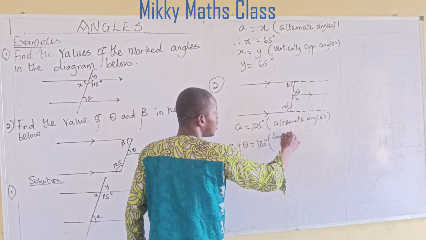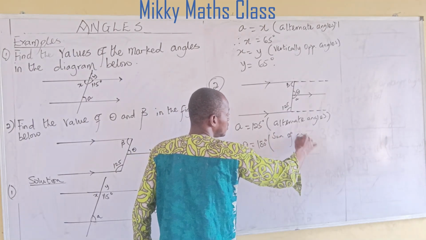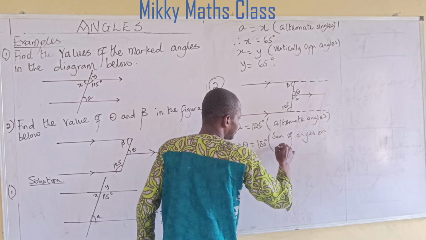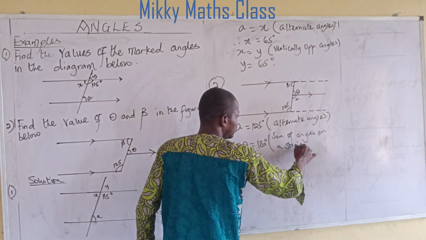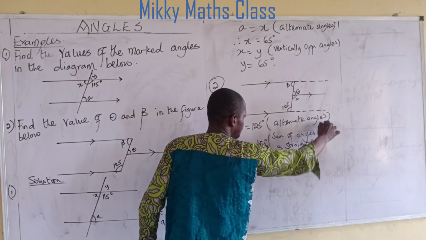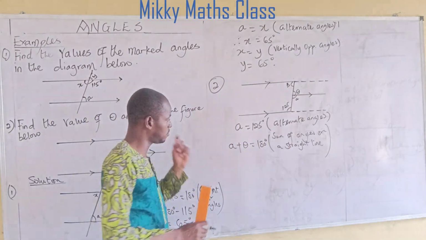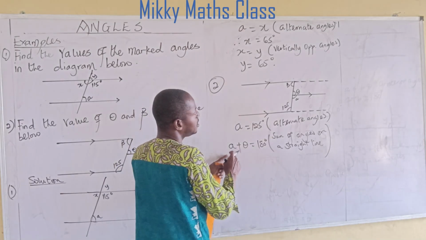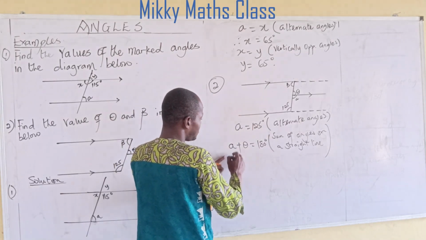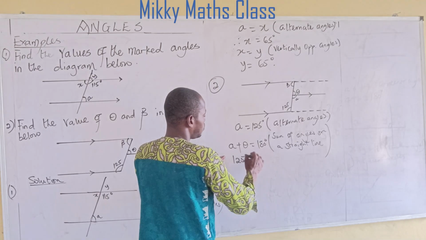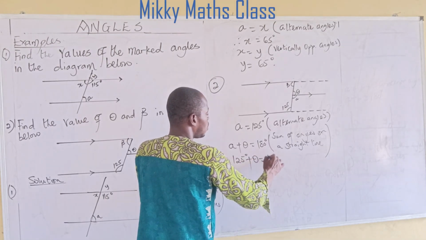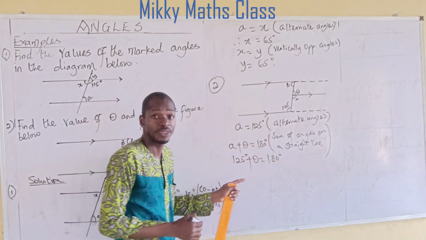Sum of angles on a straight line equals 180 degrees. Now our A we've already found to be 125. That means 125 degrees plus theta equals 180 degrees.